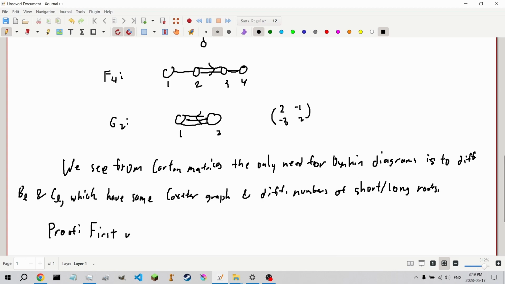First, we want to classify the Coxeter graphs, with understanding the possible Dynkin diagrams from that being pretty straightforward.